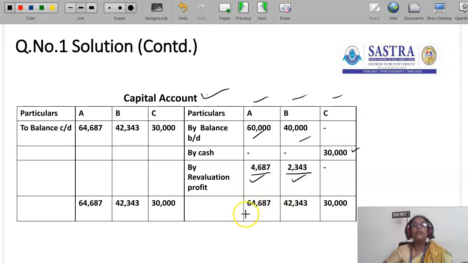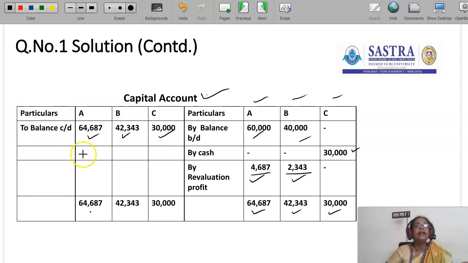So the totals of A, B, C are 64,687, 42,343, 30,000. Here we don't have any entries, and so this balance will become the closing balance. The closing balances of the capital accounts are 64,687, 42,343 and 30,000.